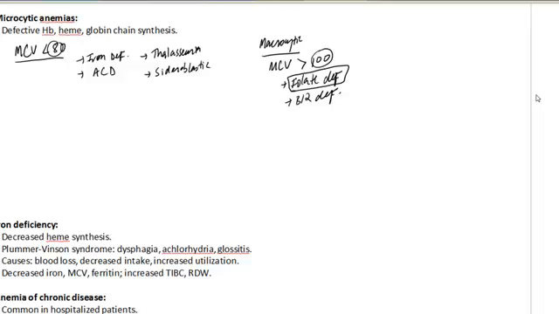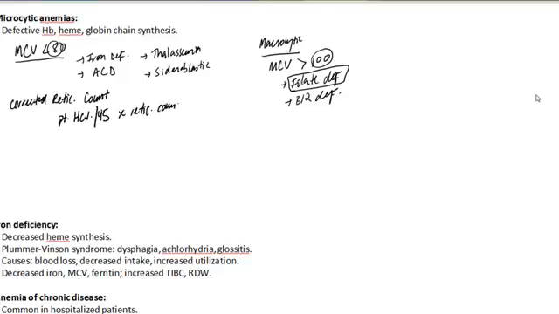Now we talked about the corrected reticulocyte count. And we said that anytime that they give a reticulocyte count, you have to correct for that reticulocyte count. And the formula that we used for that was that we took the patient's hematocrit, we divided it by 45, and then we multiplied that by the reticulocyte count.